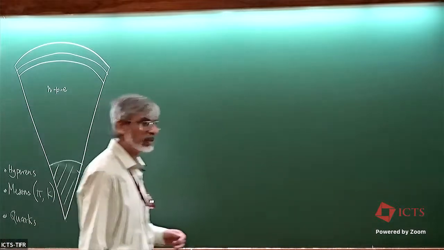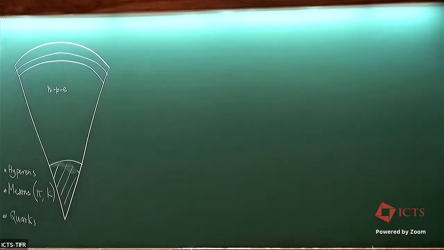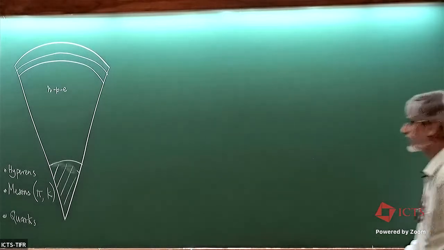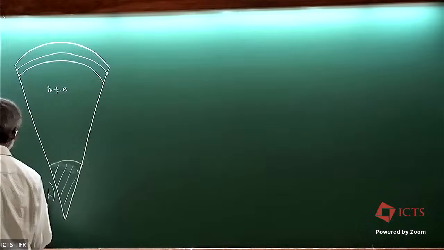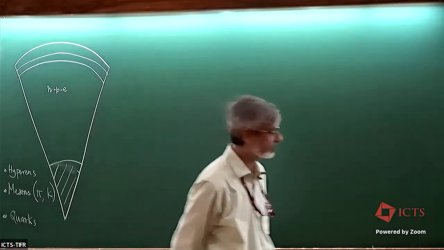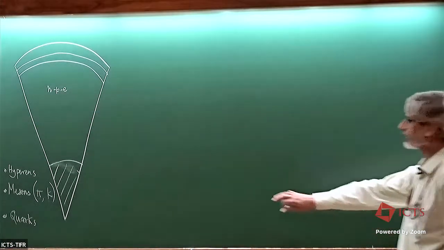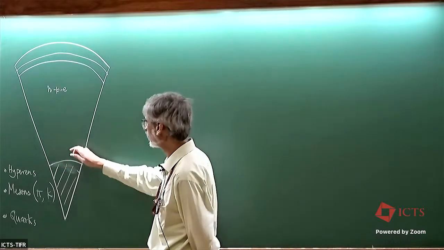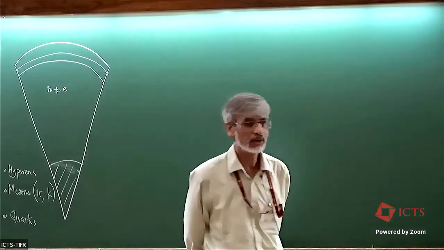So mesons, being bosons, will tend to form condensates. So you will end up having either a pion condensate or kaon condensate, depending on whether the strange quarks are present or not. The exact nature of this, and at what density such new phases appear, is still a matter of debate.